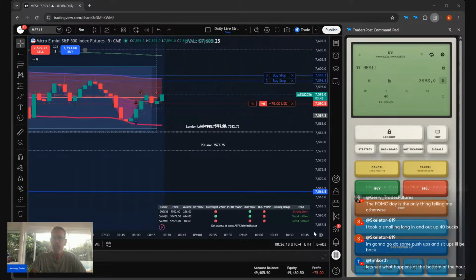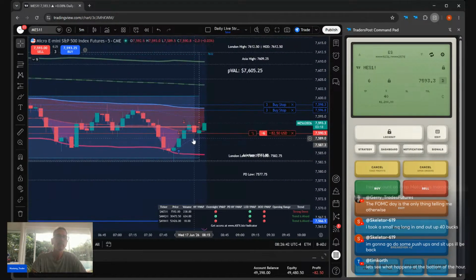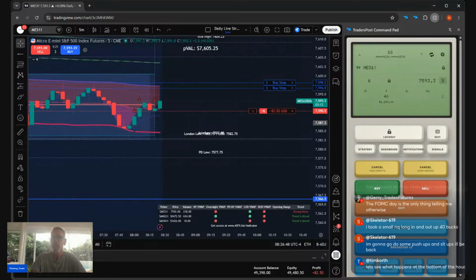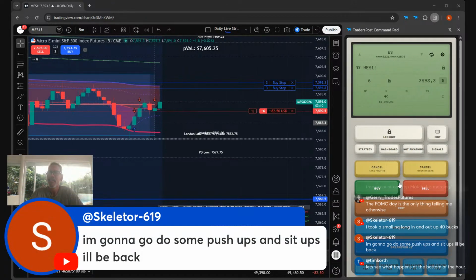You waiting to take a trade until the hourly candle closes? Skeletor's going to work out for a bit.